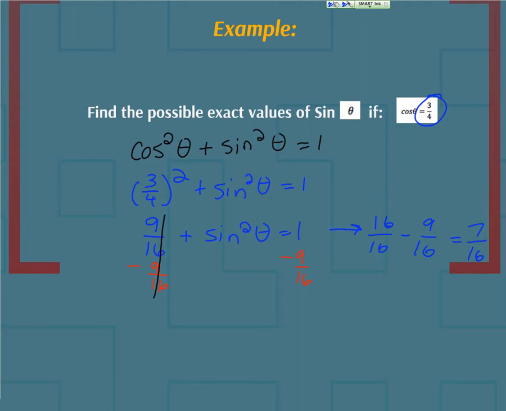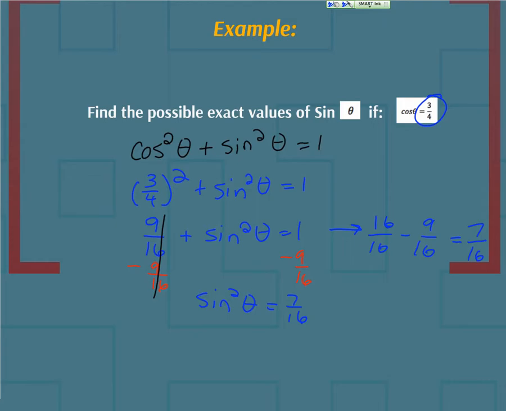So I end up with sine squared equals 7/16. Okay?